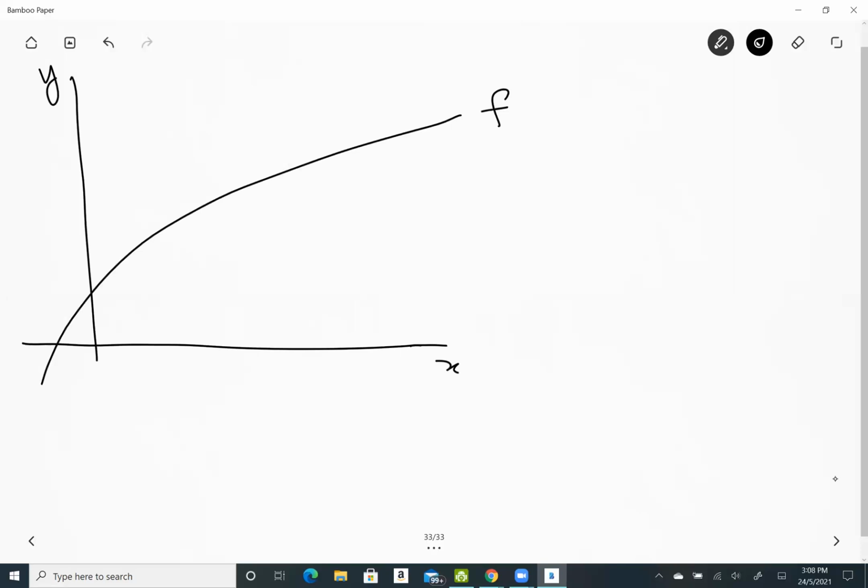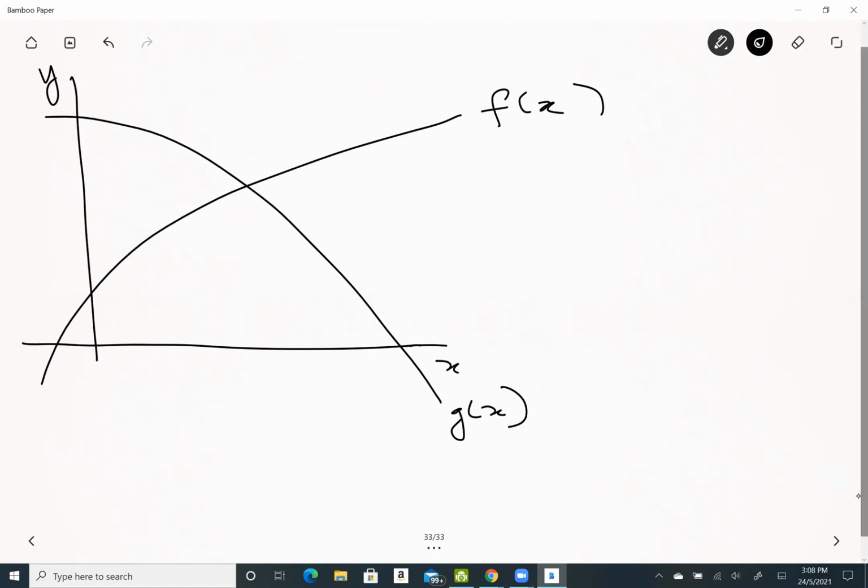So let's say I want to find the area here. Let's say this is f of x, and g over. All right. Suppose I want to find the area here. Call it area A. Okay.